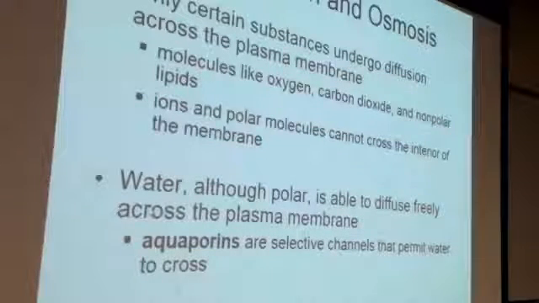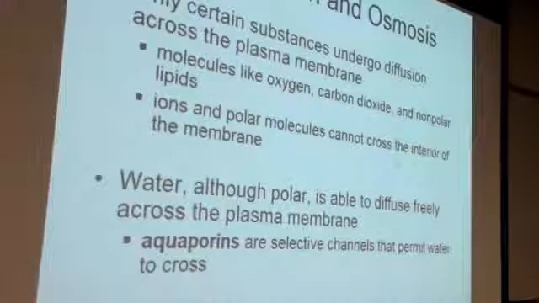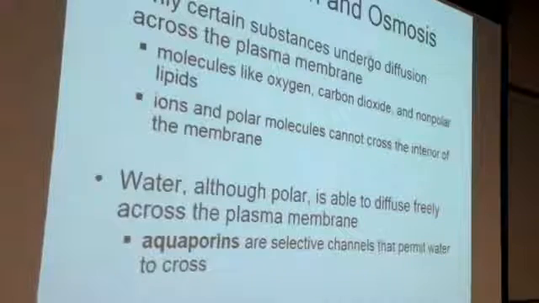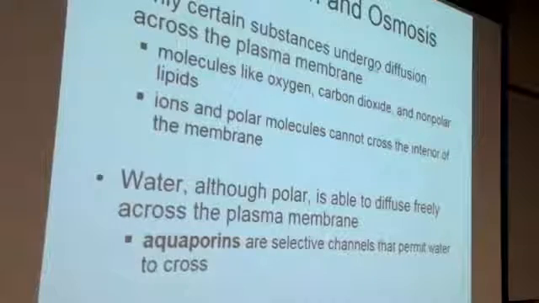There are lots of these aquaporins in the cell membranes, where water can go in and out. Osmosis occurs not just to share water, but also to keep the concentration wherever it's supposed to be.